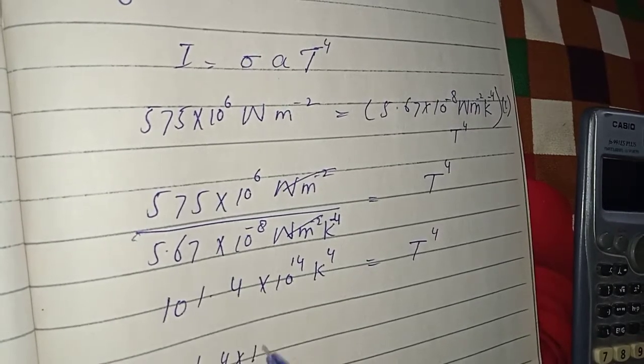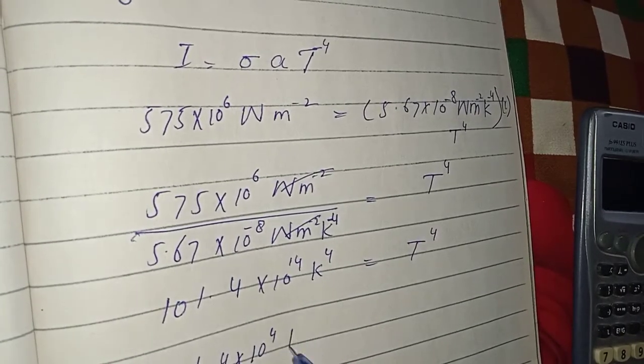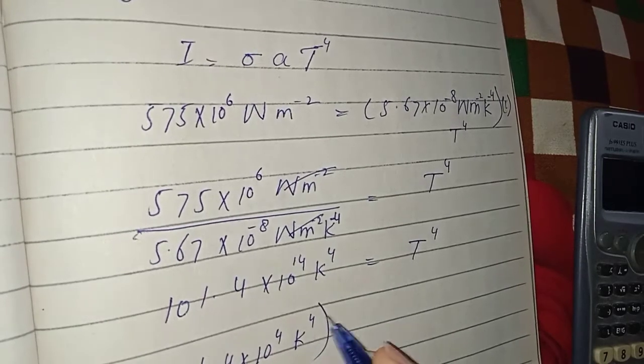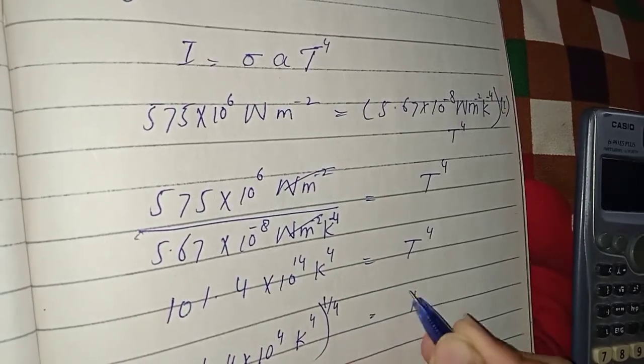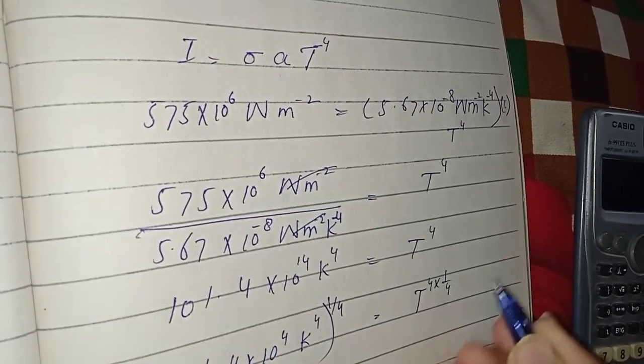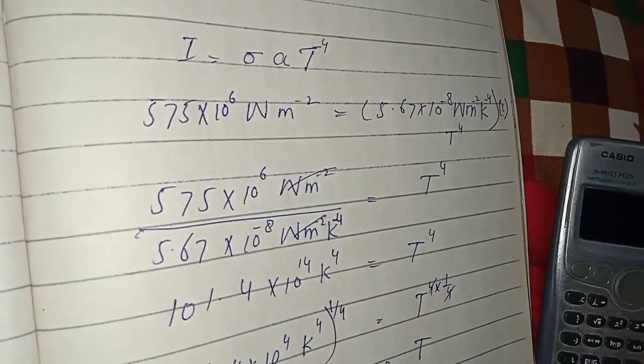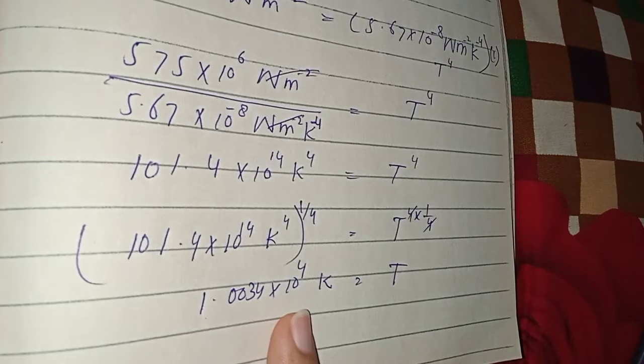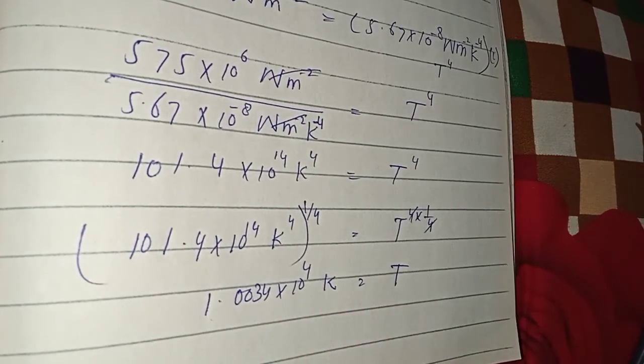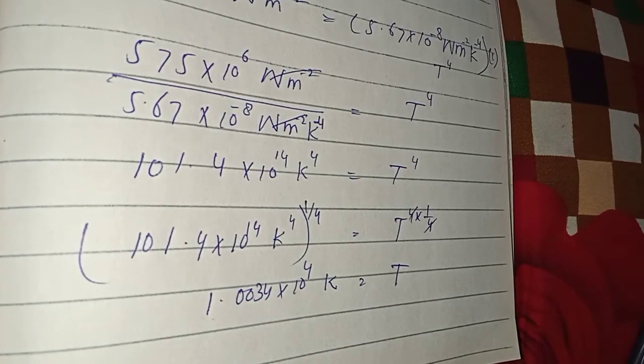So 1.014 into 10 raised to power 14, K to the power 4 into 1 over 4, and T to the power 4 into 1 over 4 becomes T. After solving this equation I get 1.0034 into 10 raised to power 4 Kelvin. Okay, this is the temperature which they asked for, and we did it.